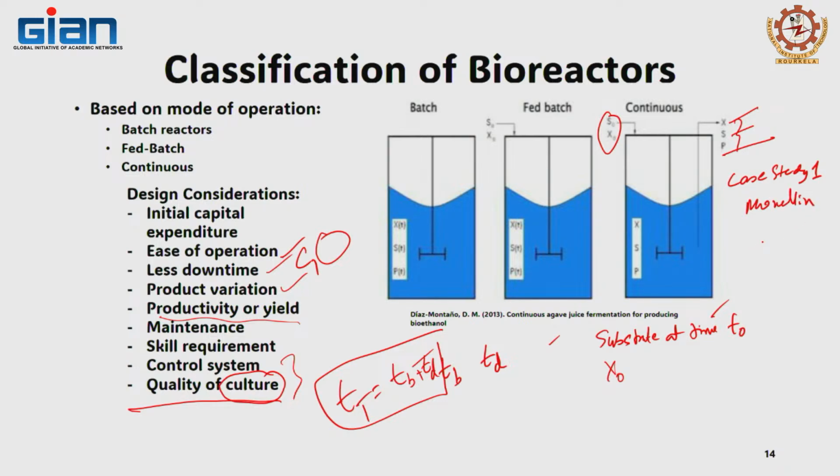Please correct me if the spelling is correct or not. And case study 2 was alpha amylase. For monolin, it's a plant protein. It's a protein as a product.